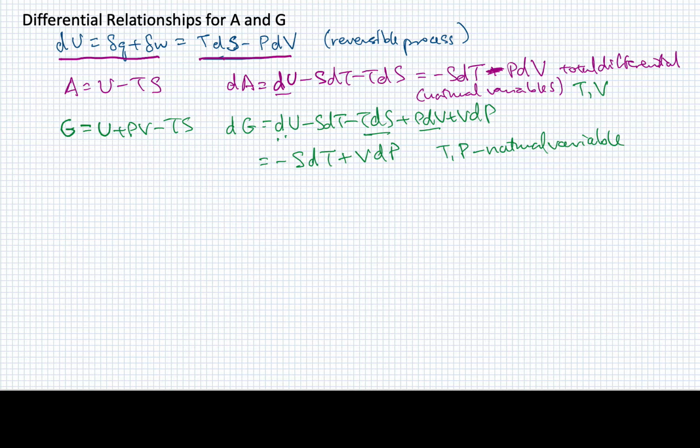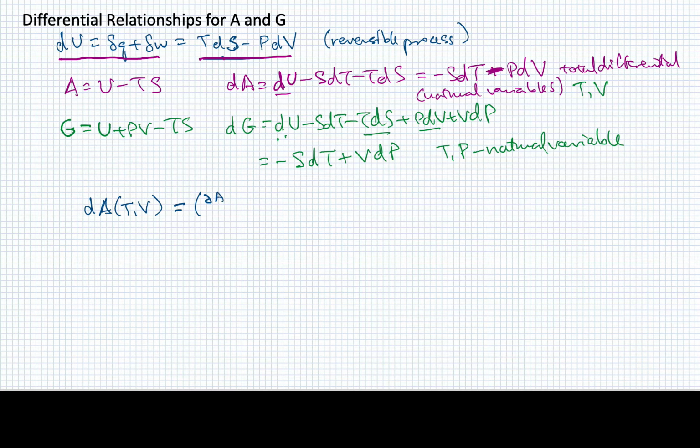So, for example, if I want to write the total differential of A as a natural function of temperature and volume, I just use the prescription that we learned a while back for how to write down the exact differential, or the total differential, for a function like this.